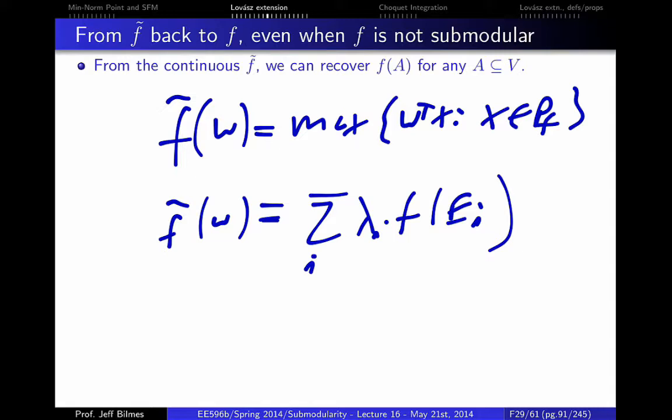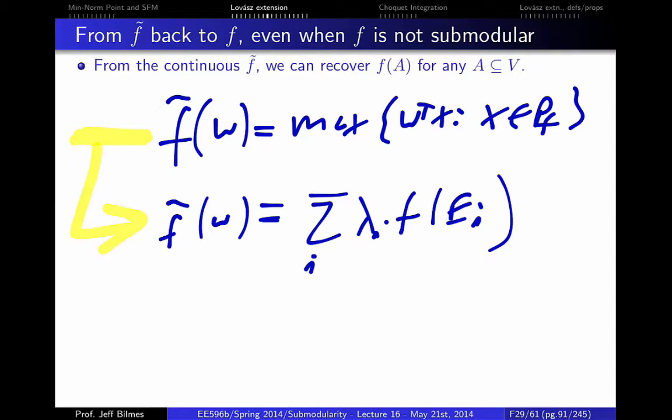All right, so we have these two different function evaluation definitions. We said that if the function is submodular, then it can be represented in this way, where the lambdas are defined based on the greedy algorithm. We do the greedy order, and we define the lambdas to be the differences of these w's.